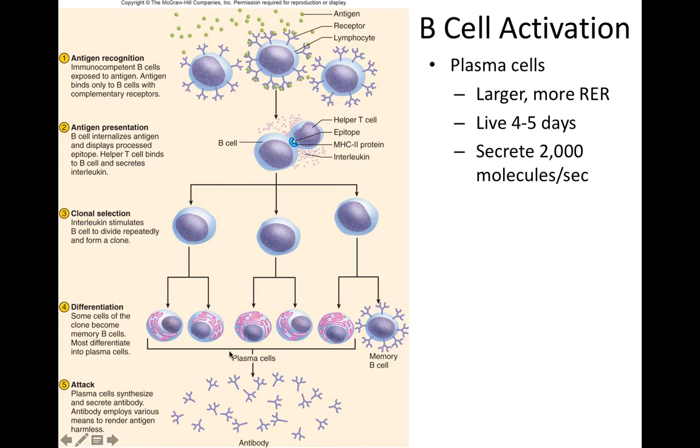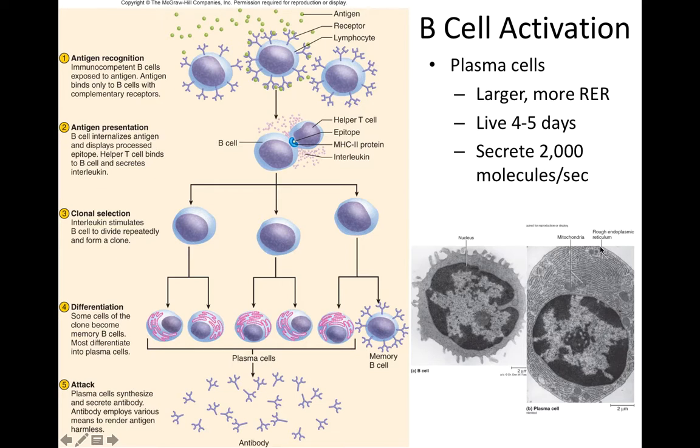So if we compare a plasma cell to a regular B cell, first of all, they are bigger. So it's a plasma cell versus a B cell. They have far more endoplasmic reticulum, the rough ER in here, because that's where we make these antibodies. They don't live very long. They only have a lifespan of about 4 to 5 days, but while they're alive, they secrete about 2,000 antibodies a second.